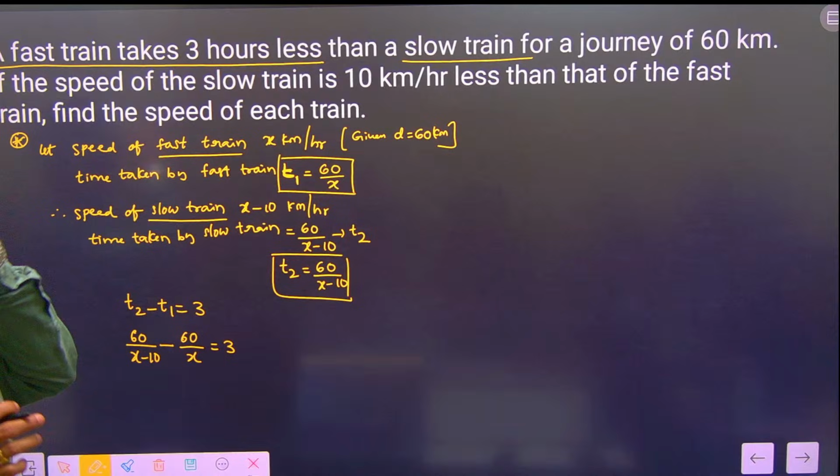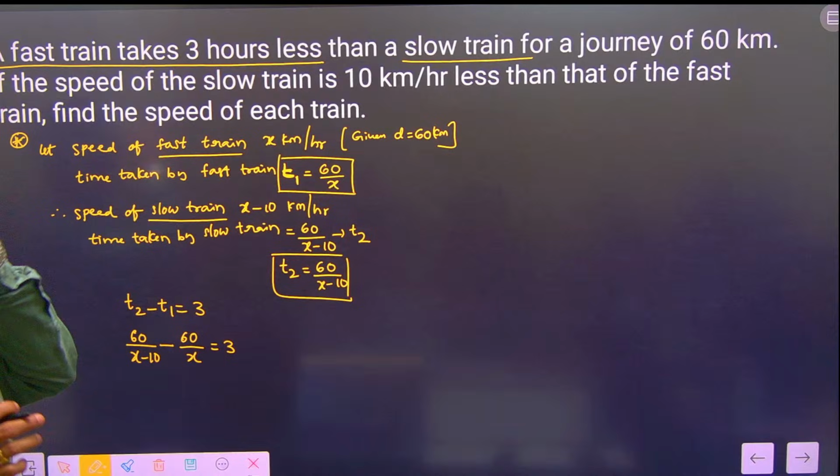Either you can multiply this 3 everywhere or send this 3 that side. If you multiply here, 3x square minus 30x is equal to 600. Send the 600 here: 3x square minus 30x minus 600 is equal to 0. Now we can divide everywhere by 3. So it is x square minus 10x minus 200 is equal to 0.